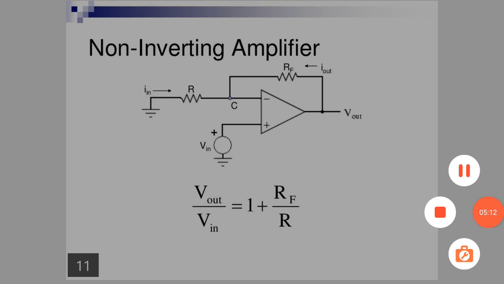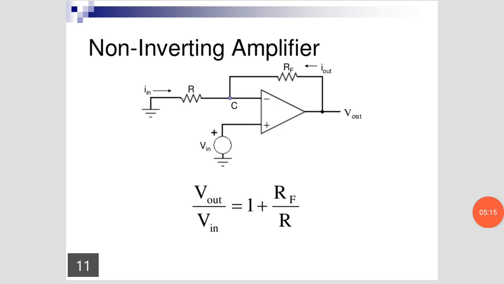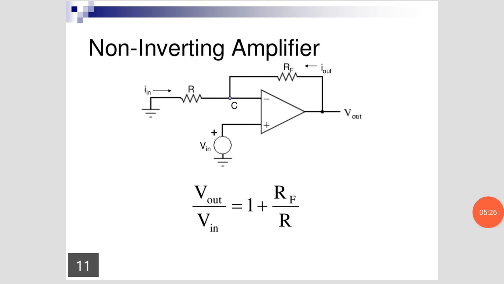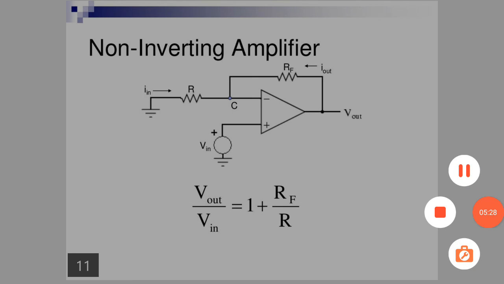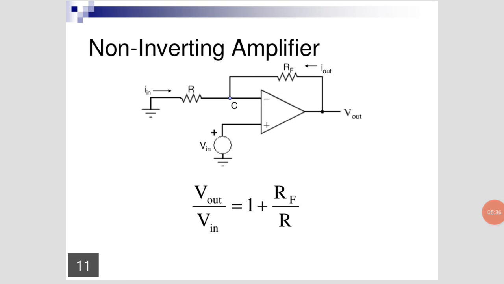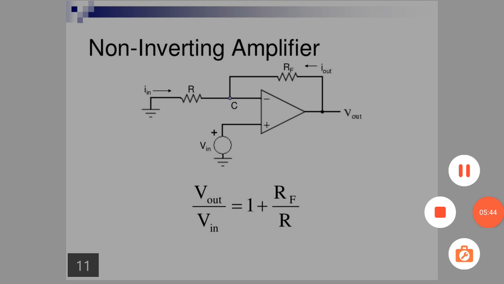Resistance R is connected to the inverting terminal. RF is the feedback resistance, connected from the output to the input, and the output current Iout flows through RF. Vout is the output voltage. So for the non-inverting amplifier, Vout upon Vin is equal to 1 plus RF upon R, where 1 plus RF upon R is the non-inverting amplifier gain.